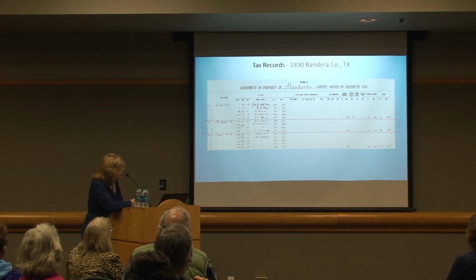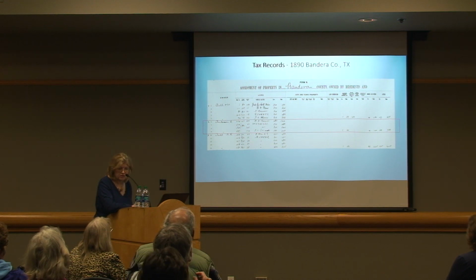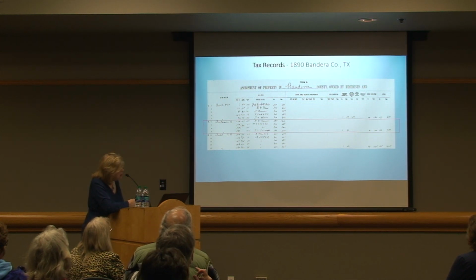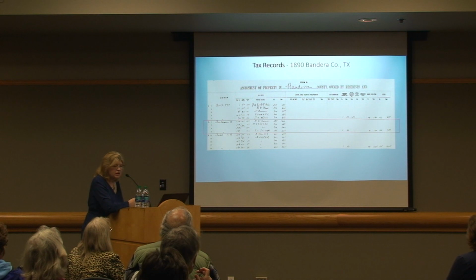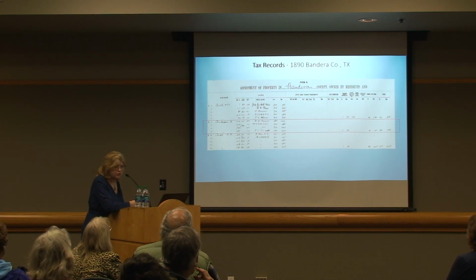This is Bandera County in Texas. Bandera County had a lot of horse properties in it and a lot of ranches. So a lot of the questions they're going to ask will be related to that. This happens to be a combination of real property and personal property.